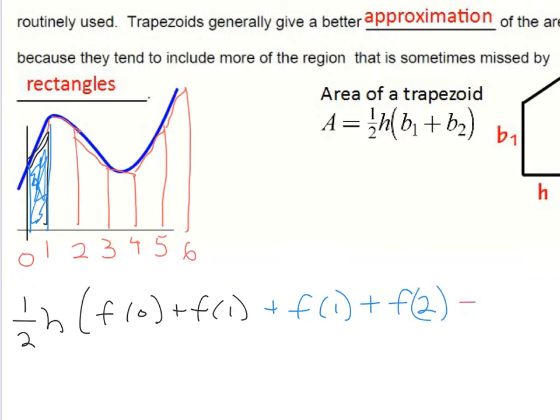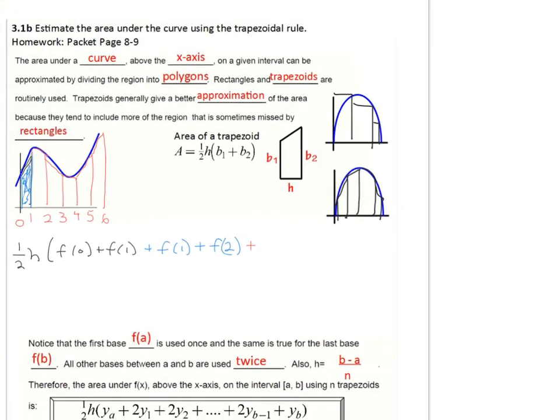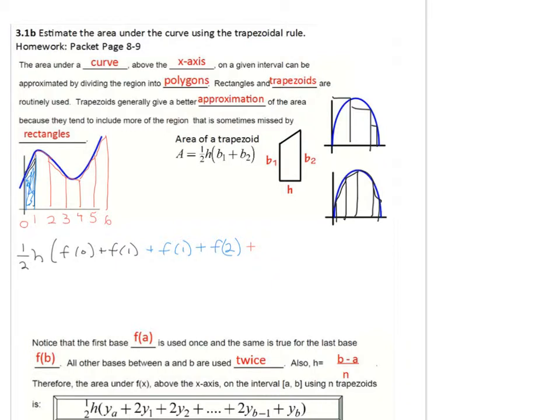And then the next one would be f of 2 plus f of 3. And then f of 3 plus f of 4. And we could go on like this forever.